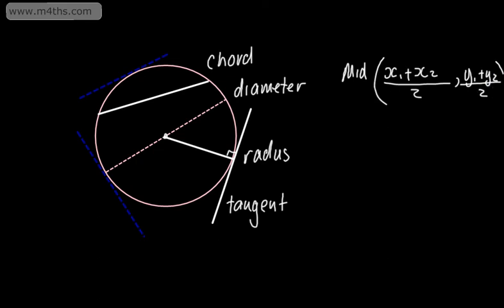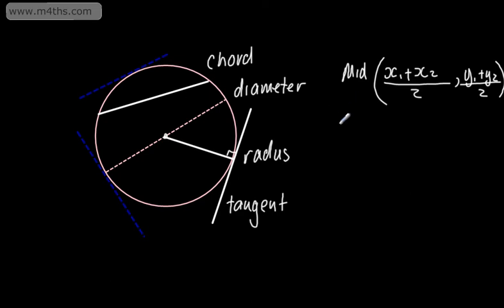All this is telling me is to add the x coordinates and divide by 2 and do exactly the same with the y's. This is just the average of the two coordinates. The reason we're going to be focusing on the midpoint is when we come to a circle, often we use the midpoint to find the centre of the circle.